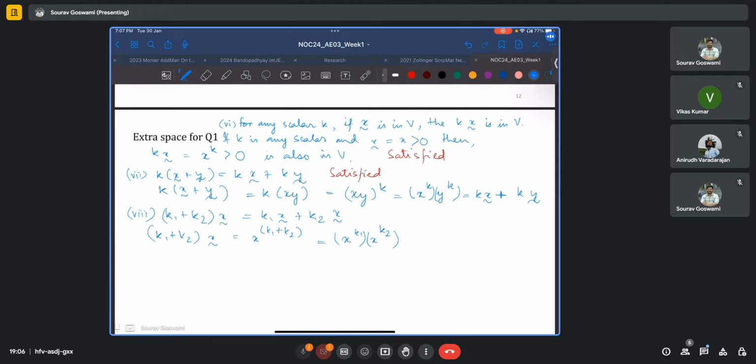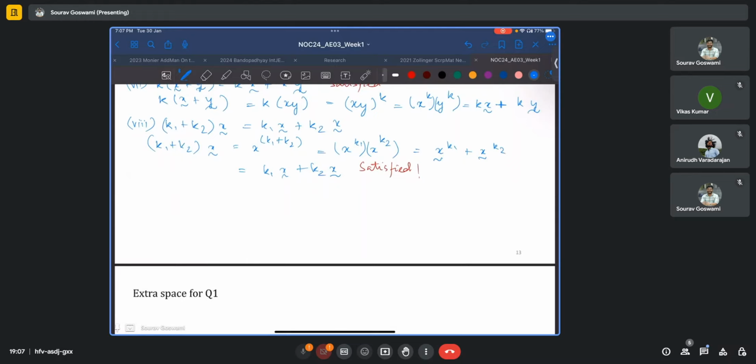And depending on how we have defined the vector addition, this is indeed k1 times x vector plus k2 times x vector, which is k1x times k2x. So this is satisfied as well.